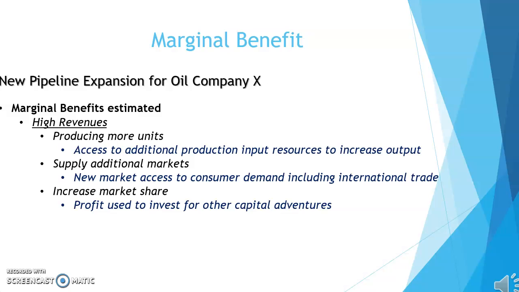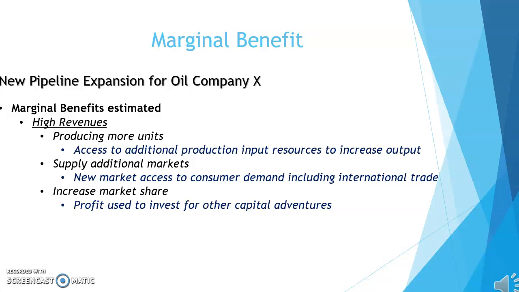Then when we look at expanding geographically, we are entering new markets where we can access a different consumer demand, not only just domestically, but internationally if we're talking Canada. So by us increasing the amount of output and servicing additional markets, this allows us collectively to increase our market share.